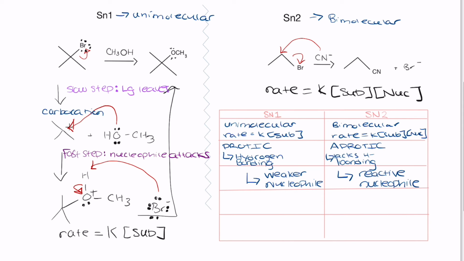Now, I also want to note the intermediate that we have for our SN1 reaction. So you might get a multiple choice question, like what's the intermediate for SN1? And your answer would be that it has a carbocation intermediate. Whereas SN2 doesn't really have intermediates because it only has one step. And so it's important that we have a carbocation intermediate for SN1 because that's going to give rise to racemic products.